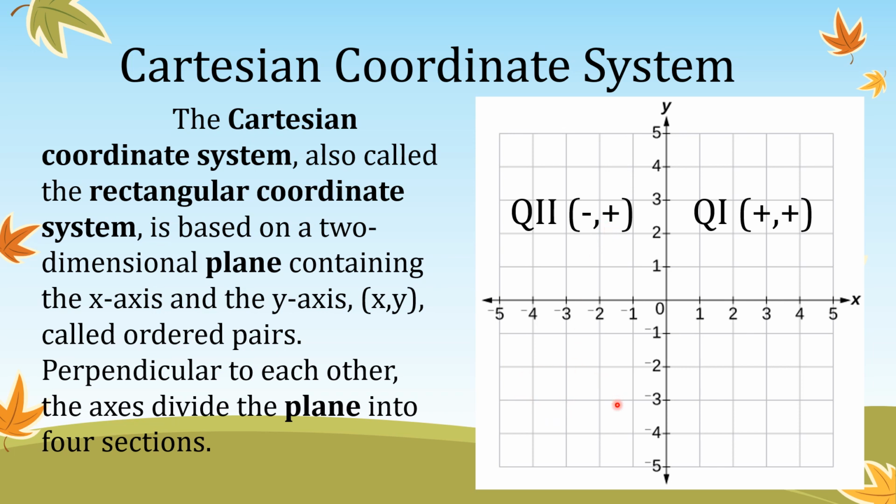Now, for this part, we call this quadrant 3. The points here have a negative x-coordinate and a negative y-coordinate. And in this part, we call it quadrant 4. It has an x-coordinate which is positive, and a y-coordinate which is negative.